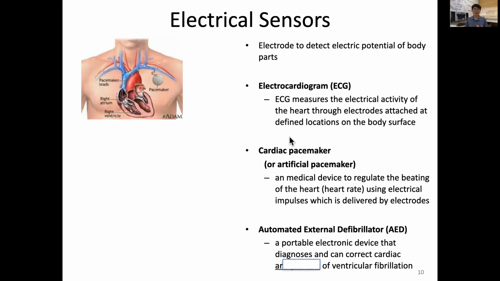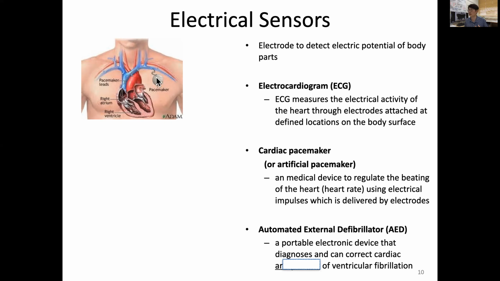The next is a cardiac pacemaker, or artificial pacemaker, because our heart has its own pacemaker called the SA node and AV node. We have developed this artificial pacemaker, which is a medical device to regulate the beating of the heart, or heart rate, using electrical impulses delivered by the electrode.